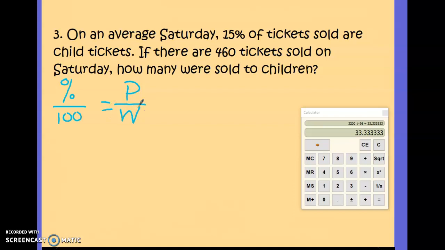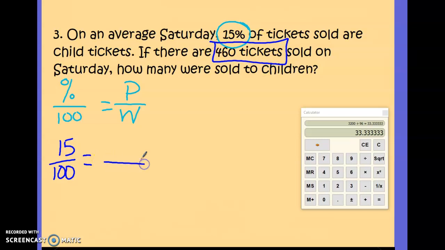This one's going to be a little bit different because it's giving us a percentage. So I'm going to start plugging in. It's telling us this is the total number sold, and we're trying to find out how many were children, so I am looking for my part, and my whole is going to be 460 tickets.